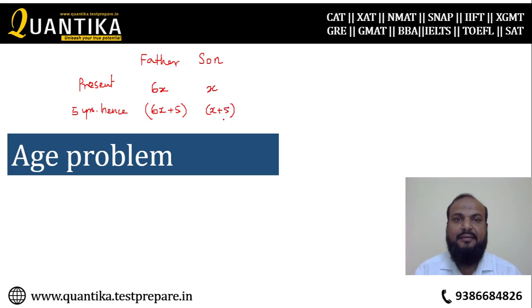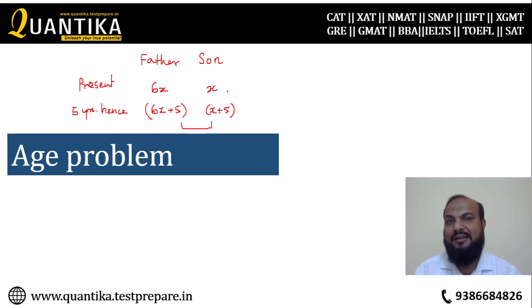Now again, they will give you some hint correlating this. So I will repeat how to solve such questions. In the beginning, they will tell you that at present the age of the father is 6 times the age of the son. After 5 years, the father's age will be, let's say, 250% more than the son's age, for example.